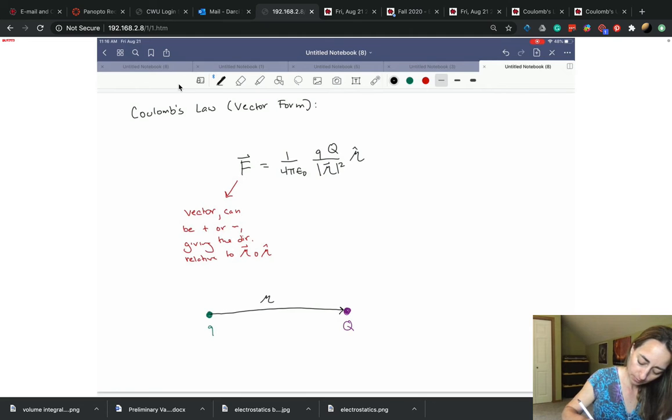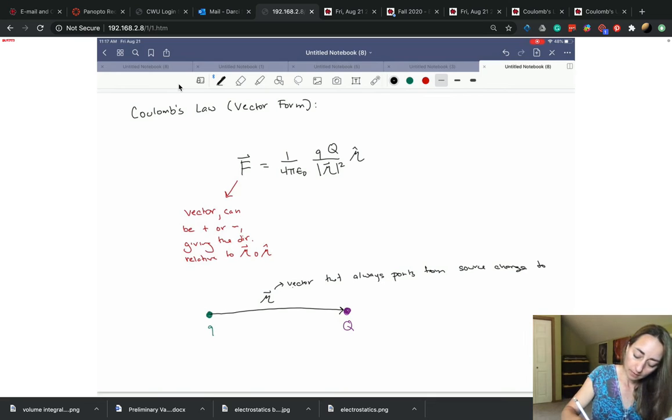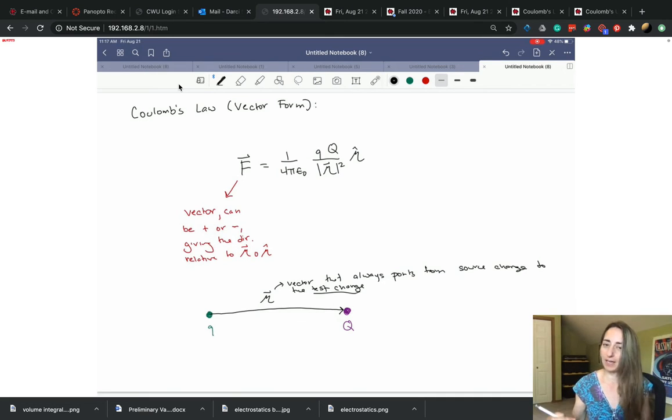This is our script R. What the r vector is, it's a vector that always points, don't forget this, from the source charge to the test charge, or the charge that you're trying to understand the force on. If you flip that, you're going to get the exact opposite direction.